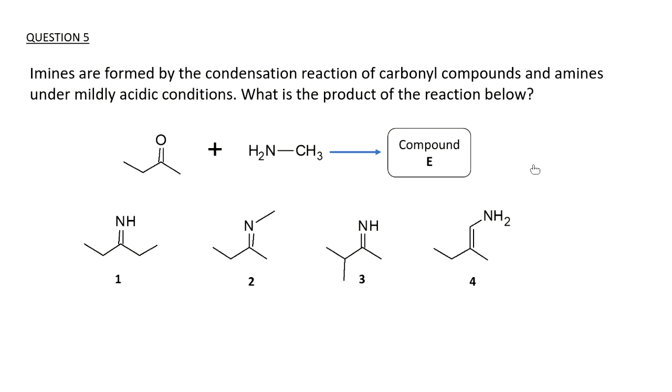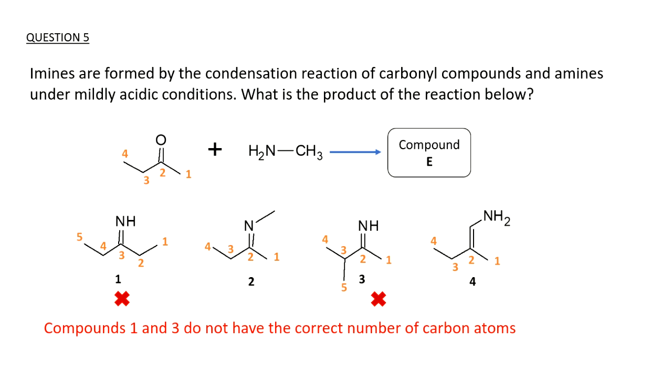So this reaction is a nucleophilic addition reaction where the nitrogen acts as a nucleophile, the C=O bond will break, and we end up with an alcohol and NH. Then we have loss of water to form a carbon-nitrogen double bond. And again, we had gone through this mechanism in class previously.